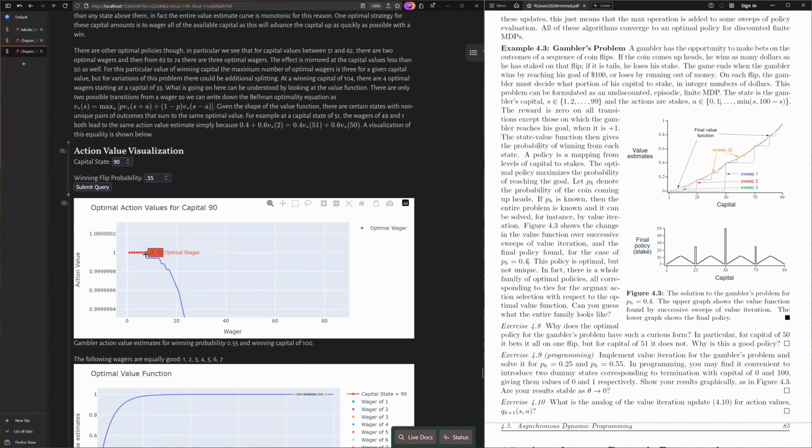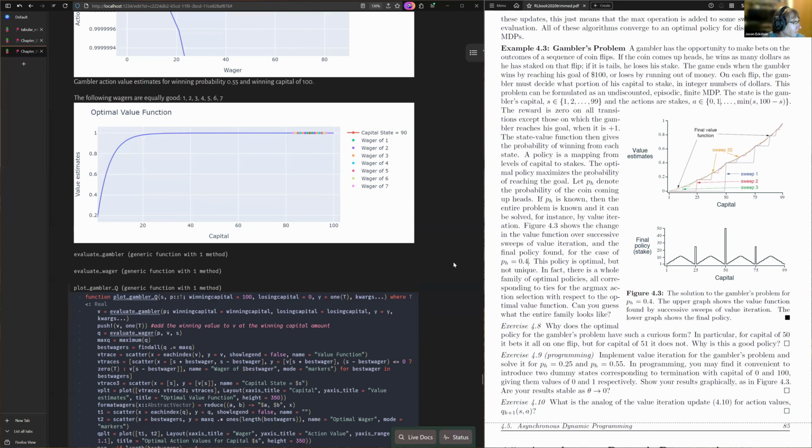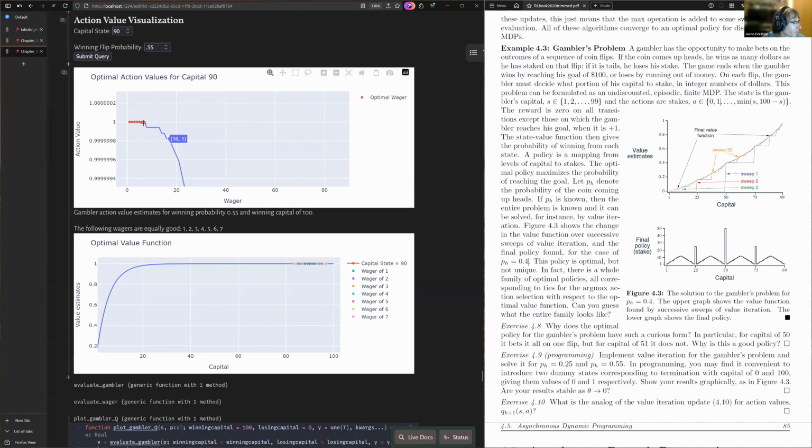So it may actually be that this action, but no, it can't be a probability of 1. Yeah, I think it probably is numerical precision, right? I don't know, actually. I'm a little undecided about this. I find it hard to believe that any of these have a value of 1.